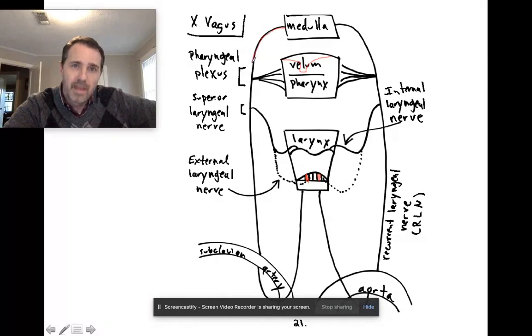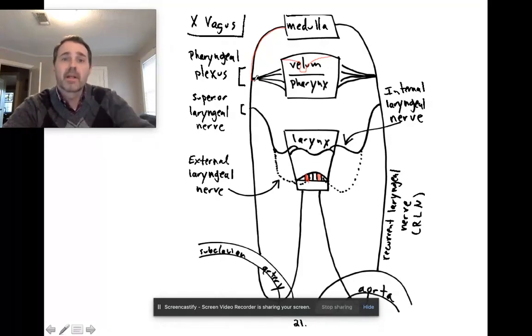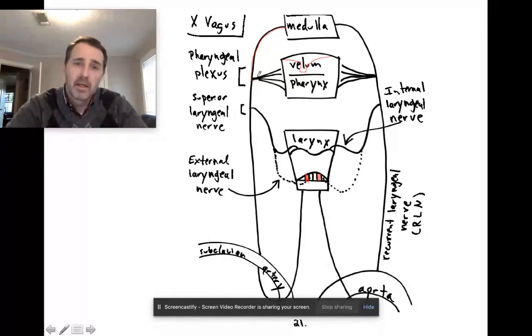This is the main branch of the vagus. The first point at which the main branch splits is known as the pharyngeal plexus, and the pharyngeal plexus is that part of the vagus that innervates the velum and the pharynx motorically. So it sends motor plans to the velum and the pharynx. And once again, this is a paired nerve. For all of this, you have a right and a left.